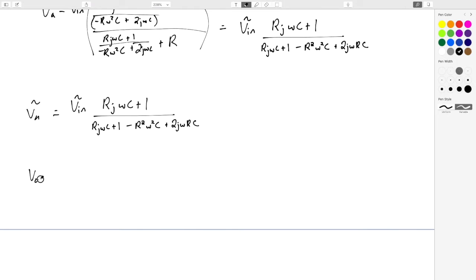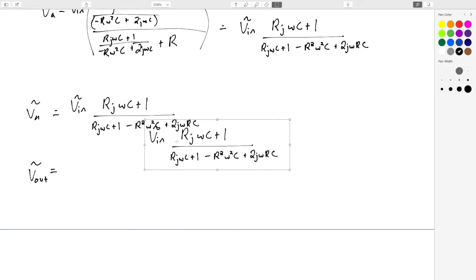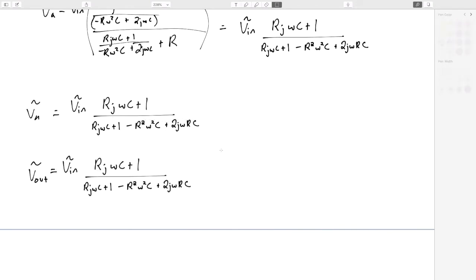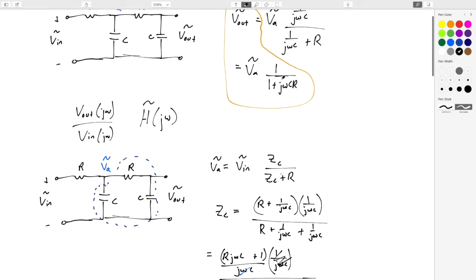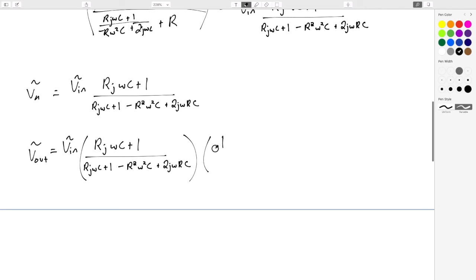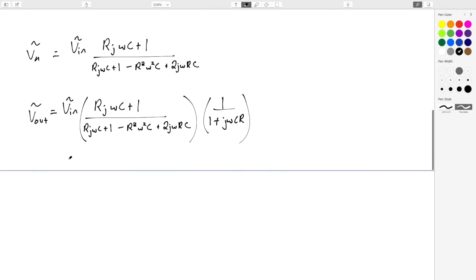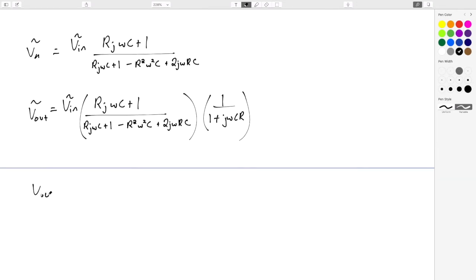V out equals this mess times this thing right here. Interesting. And then the transfer function itself would just be V out over V in. And these are all as functions of j omega, right? So this is sort of going to equal H of j omega.